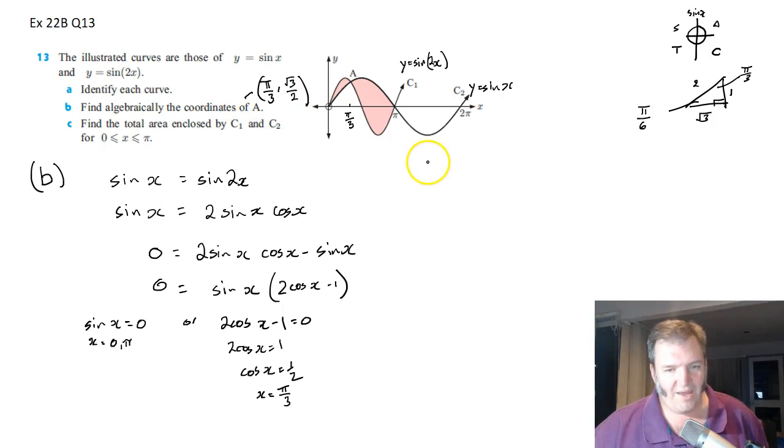So to find the total area enclosed, we're just going to have to do the integral from 0 to pi over 3, and it's the top one minus the bottom one.